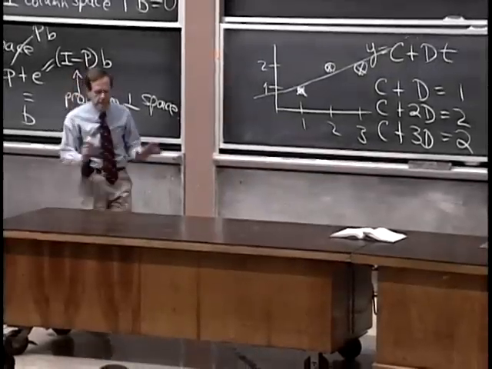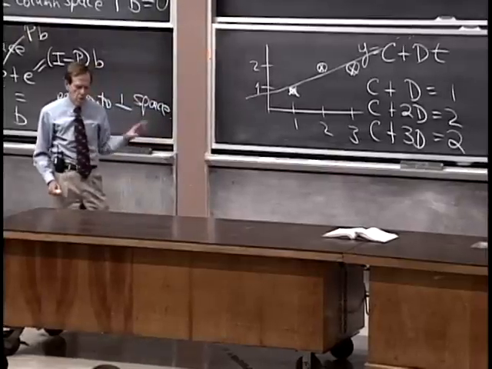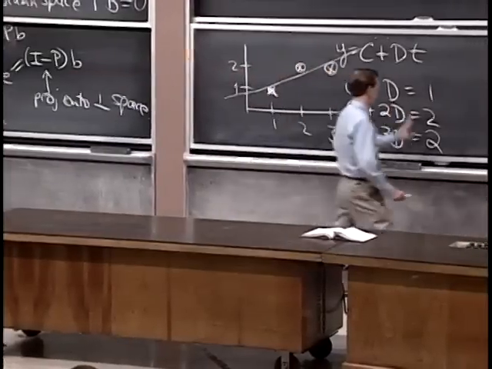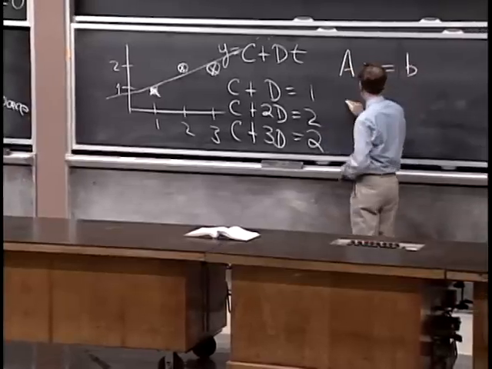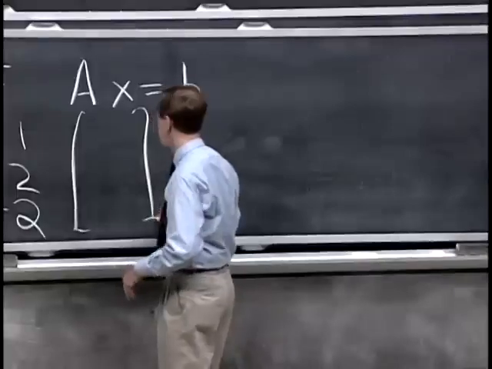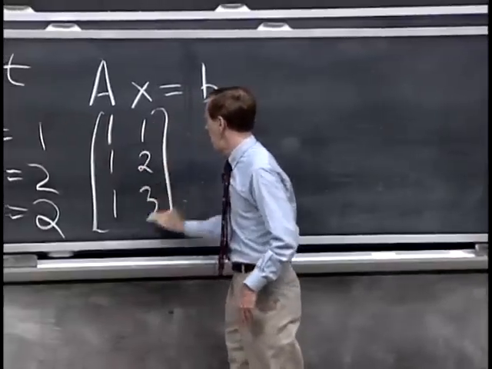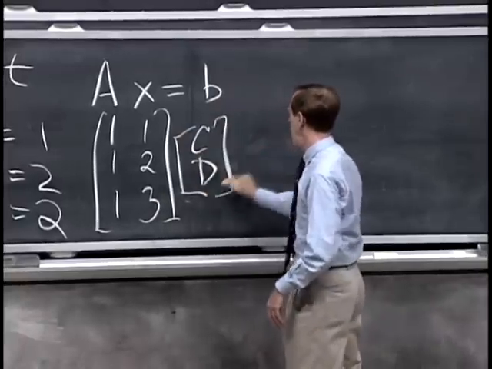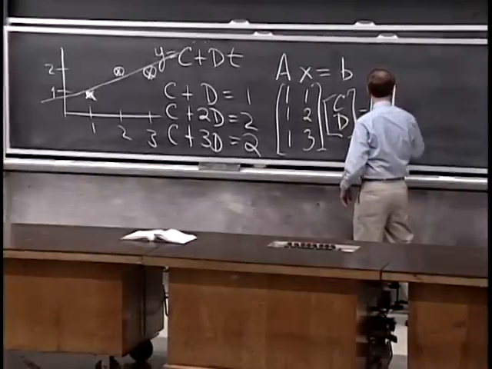And what do I mean by best solution? So let me take time out to remember what I'm talking about for best solution. So this is my equation, AX equals B. A is this matrix, 1, 1, 1, 1, 2, 3. X is, I only have 2 unknowns, C and D. And B is my right-hand side, 1, 2, 2. Okay.